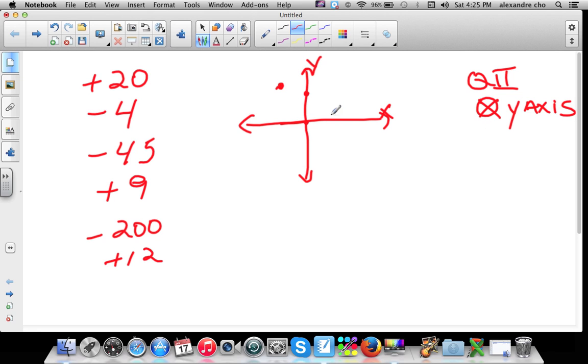C, -5 and -2. -5, go back 5 spaces, and -2 tells me to go down 2, so somewhere here in quadrant 3. D, 8, -3. I go 8 to the right, and 3 down, so that tells me that I'm in quadrant 4.